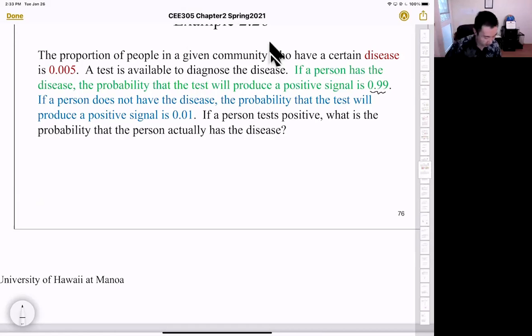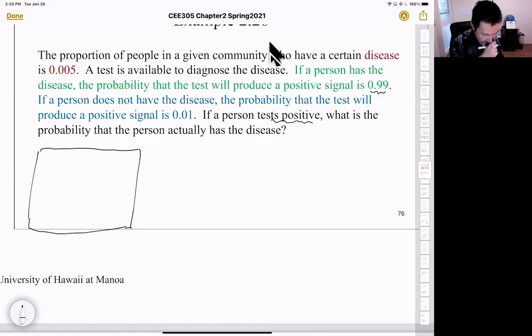All right. In this question, we have two mutually exclusive events. One is the person has no disease, which is 99.5%.